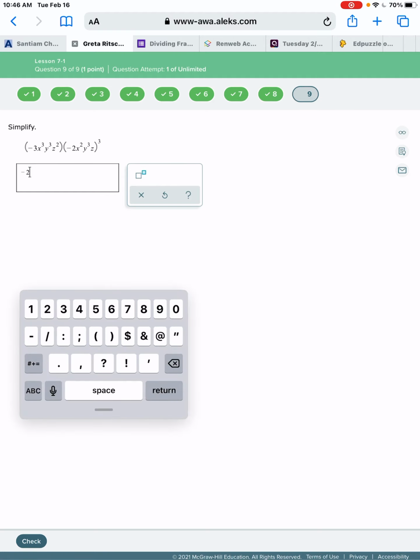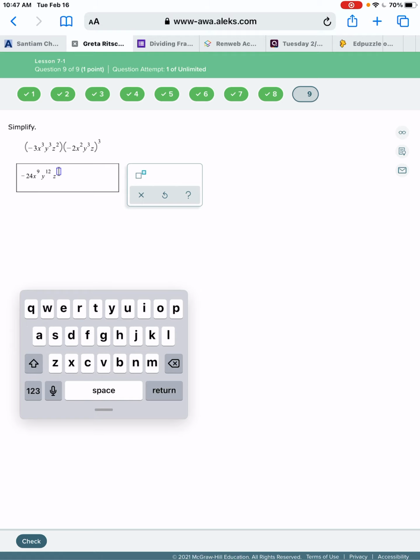Negative 24, x to the 9th, y to the, excuse me, 12th, and z to the 5th.